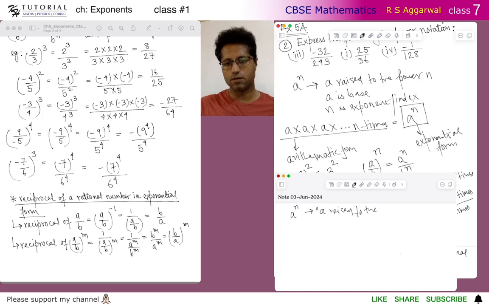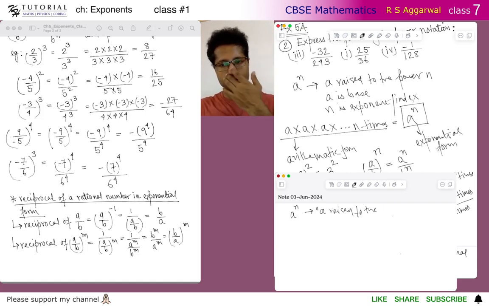Now, what about the reciprocal of a rational number raised in exponential form? Let's say we have a rational number a by b raised to the power n, and we want its reciprocal. We know that a by b raised to the power n is a to the power n divided by b to the power n.